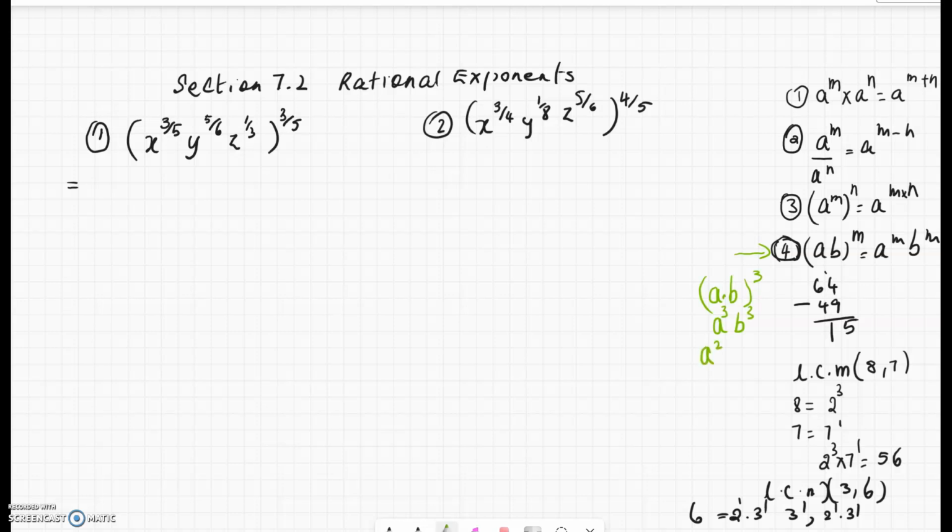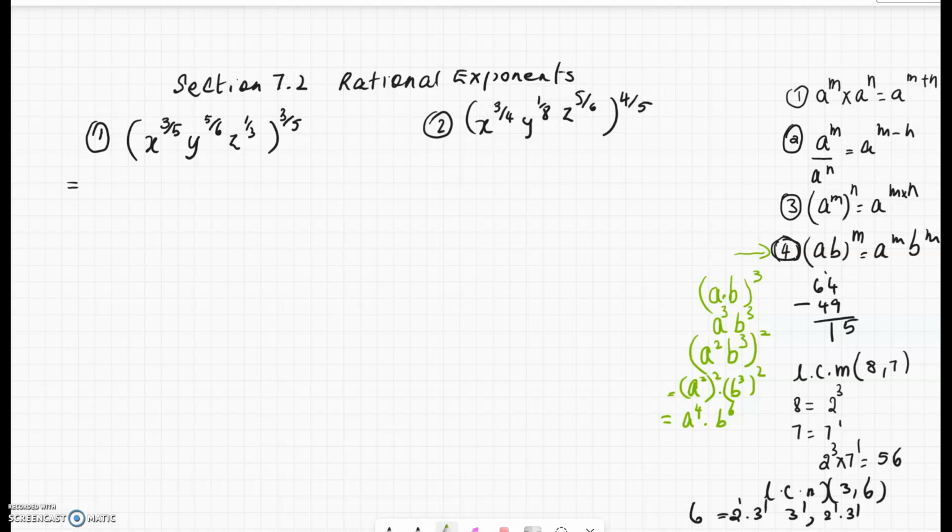If we have a squared b cubed to the second power, it would be a squared to the second power times b cubed to the second power. So this is what we've done before with whole numbers. So that would be a to the 2 times 2, which is 4, b to the 3 times 2, which is equal to 6.